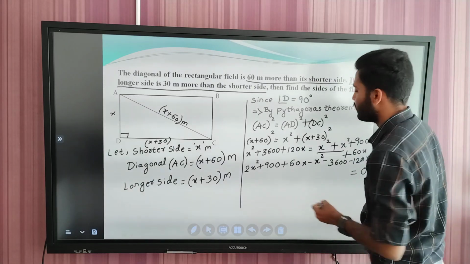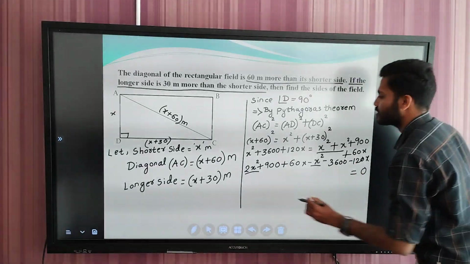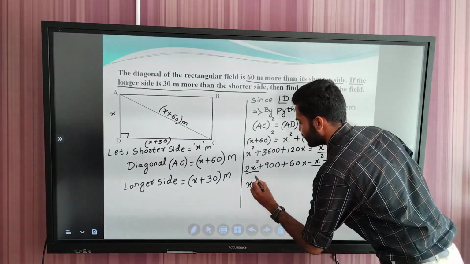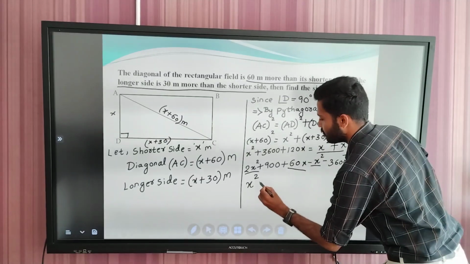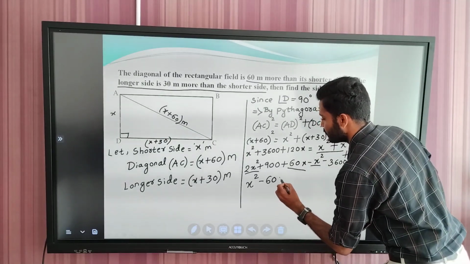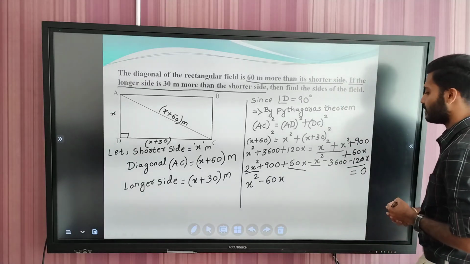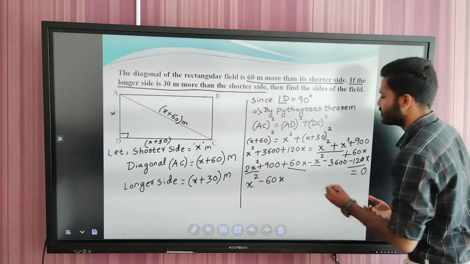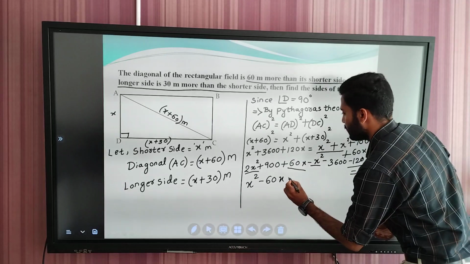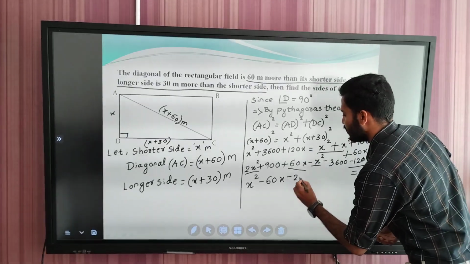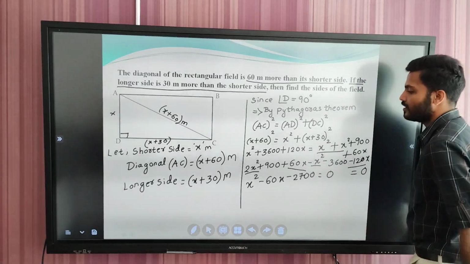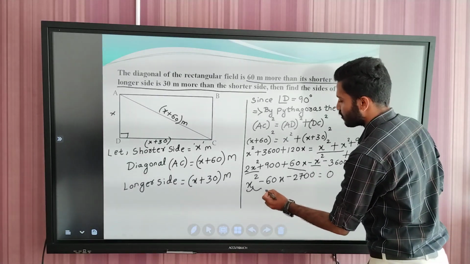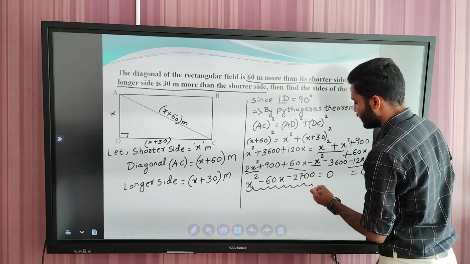So now it's all about simplification. 2x square minus x square is x square. Correct? Then plus 60x minus 120x, it's minus 60x. Then 900 minus 3600, this is going to be minus 2700 is equal to 0. So this is nothing but a quadratic equation in x.